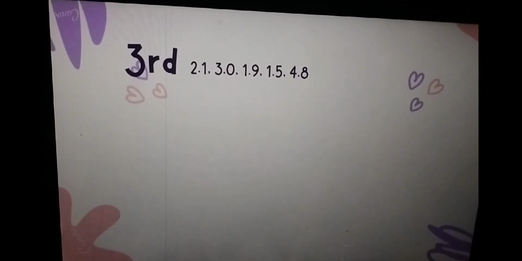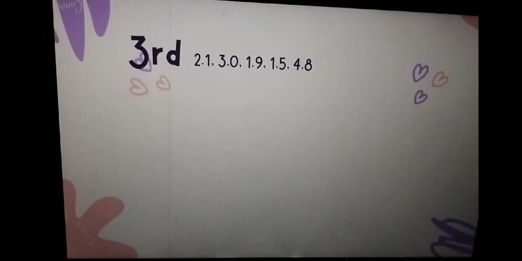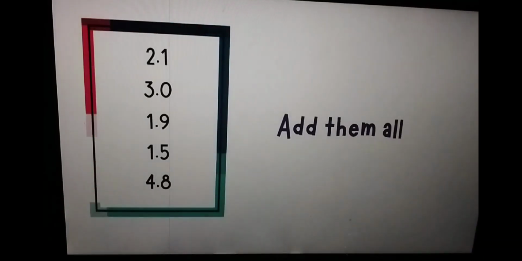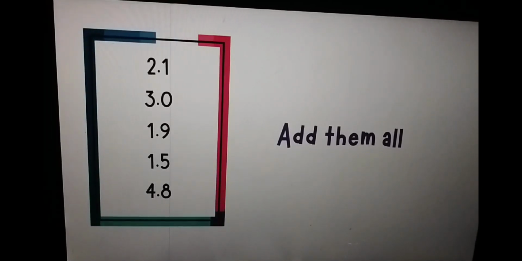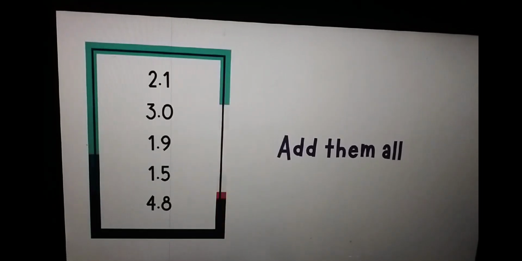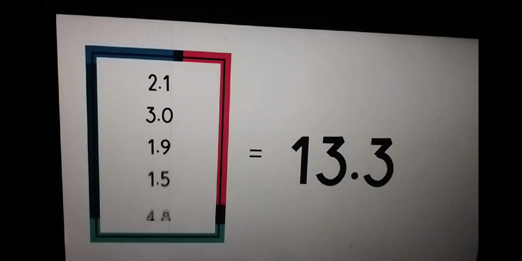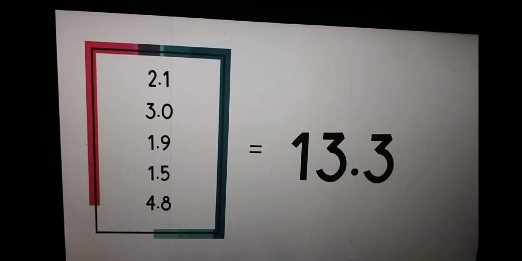This isn't that hard, but it is unusual since these are decimals and not whole numbers. Again, the first thing we need to do is add them all: 2.1 plus 3.0 plus 1.9 plus 1.5 plus 4.8. Our answer is 13.3.